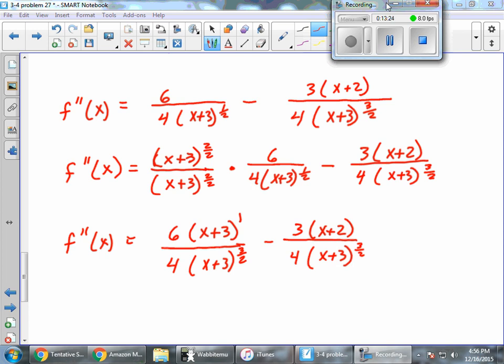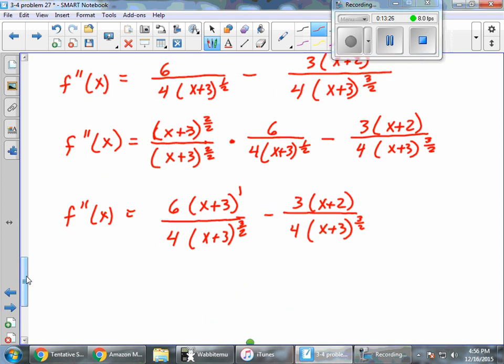So now, a little bit more, not a lot more. f double prime of x equals, we can distribute thusly and thusly, being really careful with that negative sign, because that's where a lot of people go wrong.